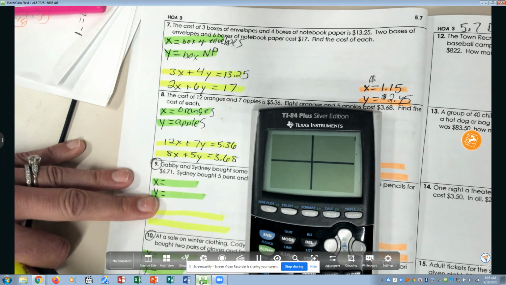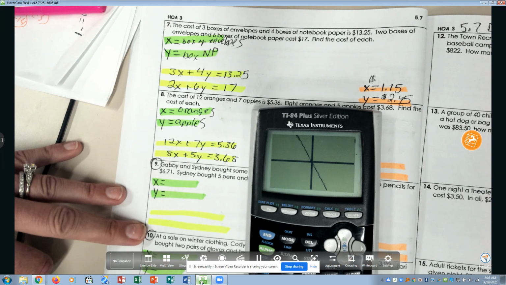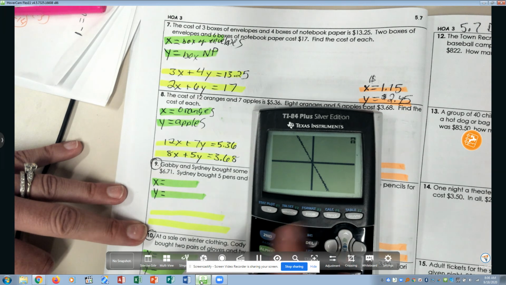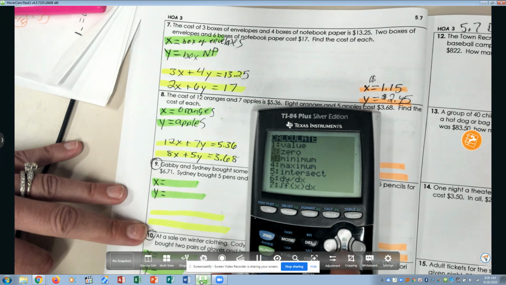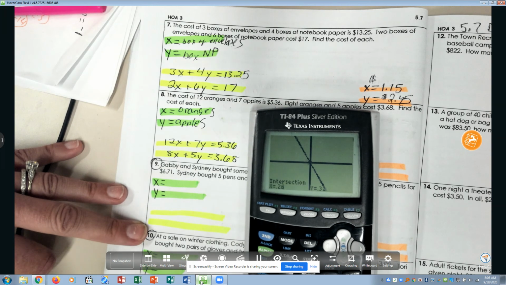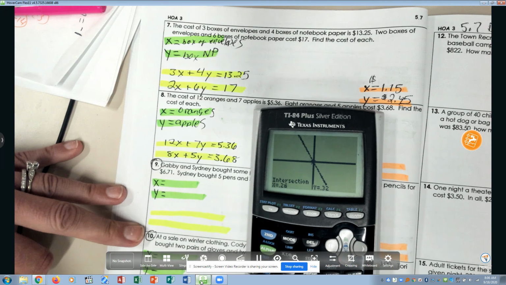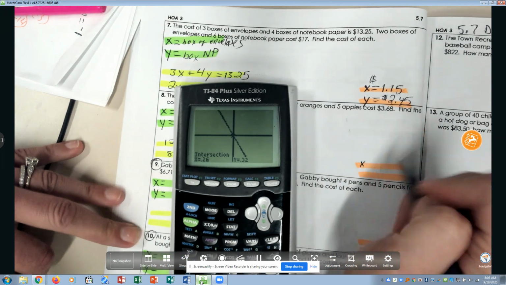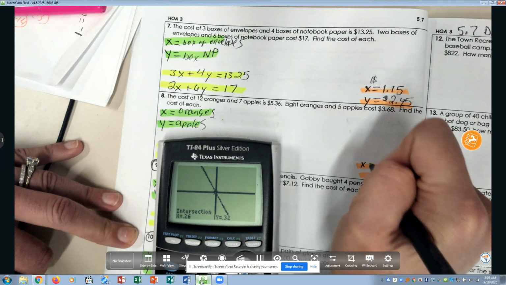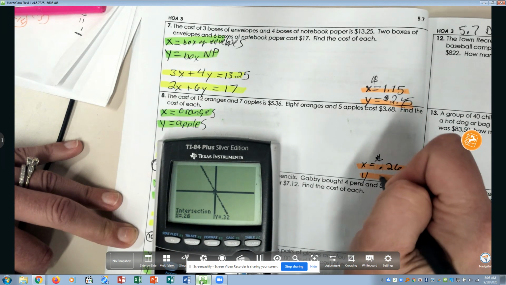All right, let's see if we can see the intersection point. I think so. Let's see, second calc. Enter, enter, enter. 26 cents and 32 cents. So each orange costs 26 cents. Each apple is 32 cents.